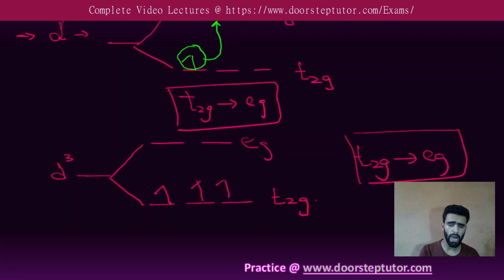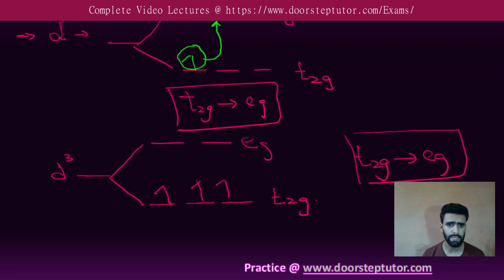Now, how the wavelength of the color of the complex varies depends purely on the ligand field environment.